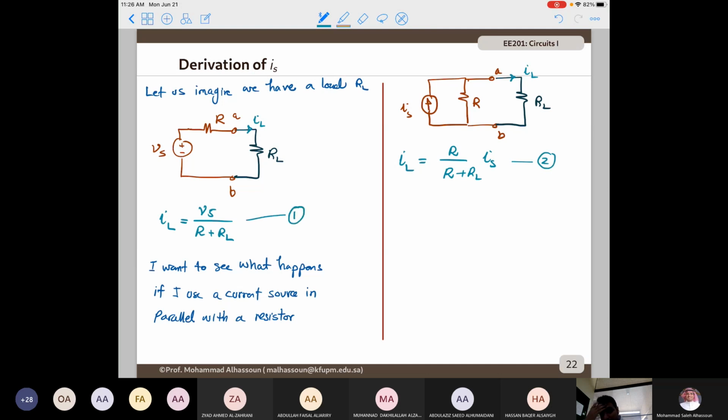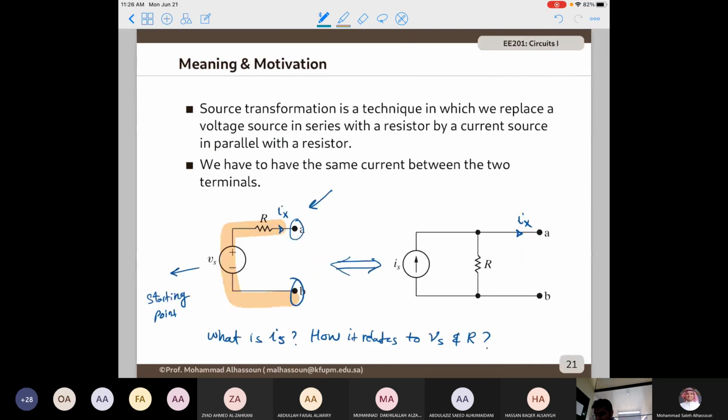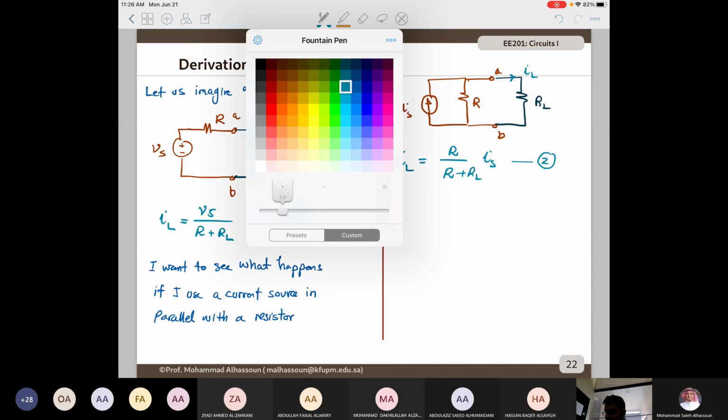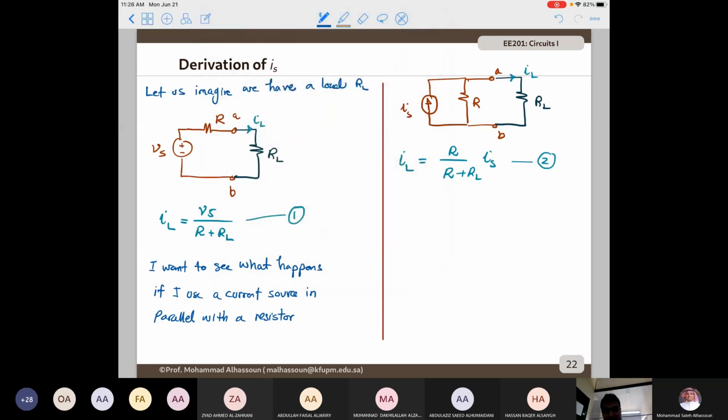What I want to do is ensure that this transformation, moving from this circuit to that circuit, guarantees the same current, the same IL. So what value of Is should I use to ensure that this relation holds?